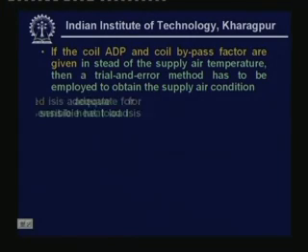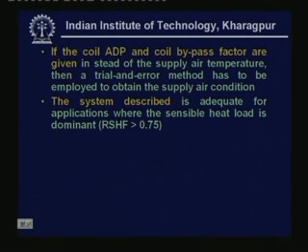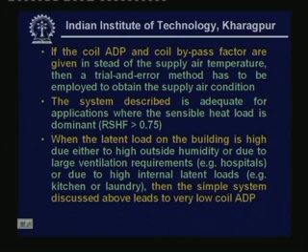The system described so far is adequate for applications where the sensible heat load is dominant. That means your room sensible heat factor is greater than about 0.75. When the latent load on the building is high, due either to high outside humidity or to large ventilation requirements, for example in hospitals, or due to high internal latent heat loads, for example when your conditioned space consists of a kitchen or a laundry, then the simple system discussed above leads to very low coil ADP.